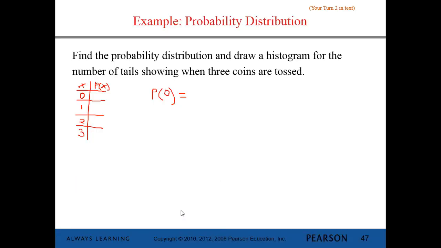So that would mean that out of the tails, out of the 3 coins that I tossed, how many tails did I get? 0. Okay, times how many heads would I have to have?